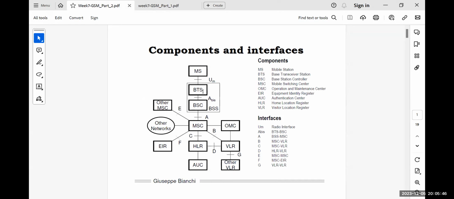As I've talked about in my earlier lecture related to GSM, your mobile station is under the operating region of some BTS, right? And the interface between the mobile station and the BTS is basically known as the Um interface. And then a BTS is connected to a certain BSC, right? And this overall system is known as the BSS.